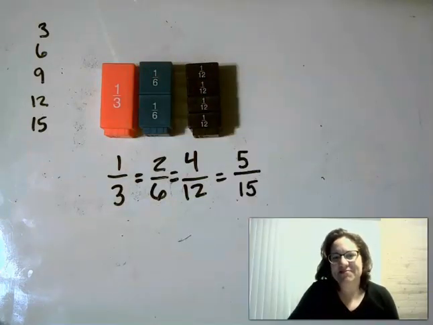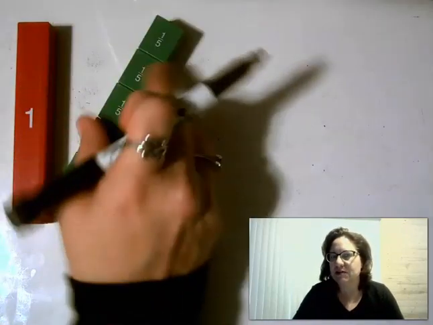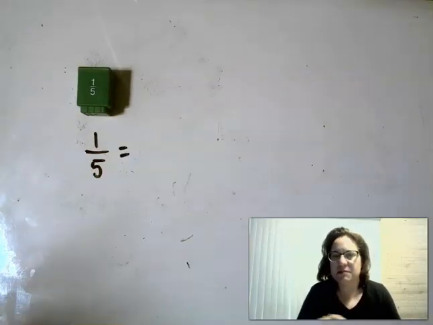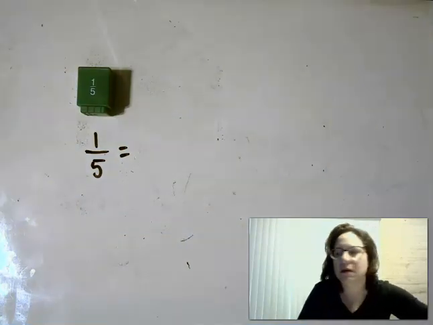Does that make sense? All right, let's just do one more. Let's do fifths. So we need to know what's an equivalent fraction to 1/5. Well, 1 goes into 5 5 times. Let's see.